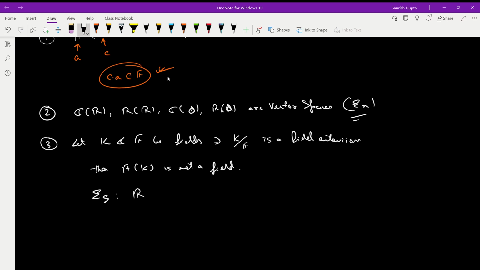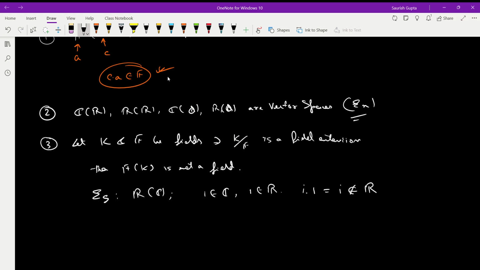You can understand this via an example. If you choose R over C, then you can choose the scalar i in C, because C is the underlying field here, and you can choose the element 1 from R. Then i dot 1 must be in R for R over C to be a vector space, because that's the precise definition of scalar multiplication.